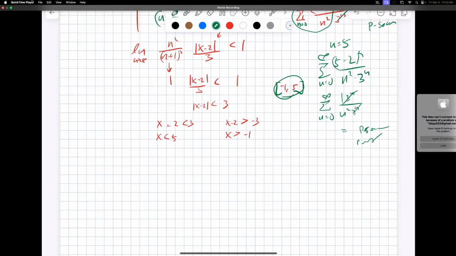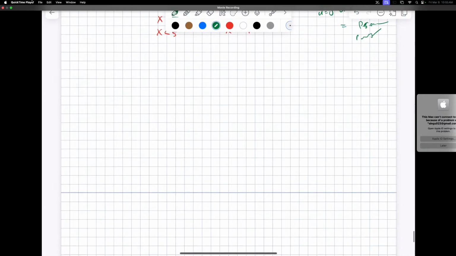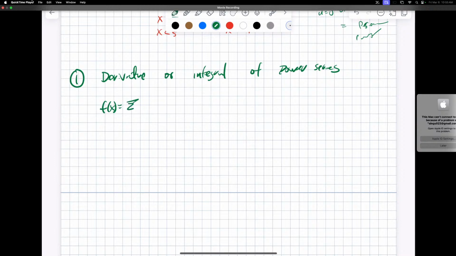So I'm going to show you what happens here. This is the part that's really cool. What is the derivative or integral of a power series? Let's say I have f of x equal to the summation, n equal to 0 to infinity, of a_n times (x minus c) to the n.